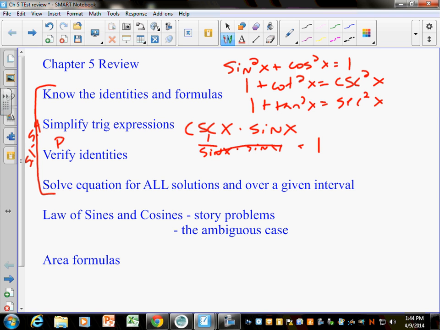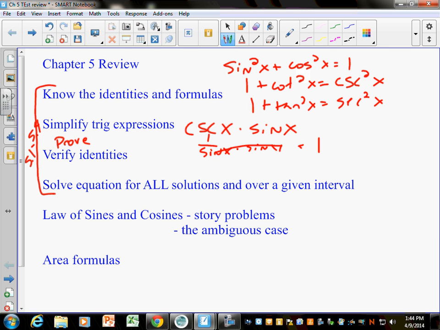Verify or prove, remember that's when you have stuff on both sides of the equation, but you're basically trying to pick one side and turn it into the other side. So if you see fractions, you get common denominator. If you see squared stuff, you're probably going to use a Pythagorean identity. There's a whole test here, which means I'm probably not going to give you one that should take like 20 steps. So if you start and you get like 10 steps in and you're getting nowhere, that probably means you should just start over and do something different because they shouldn't be that long to do.